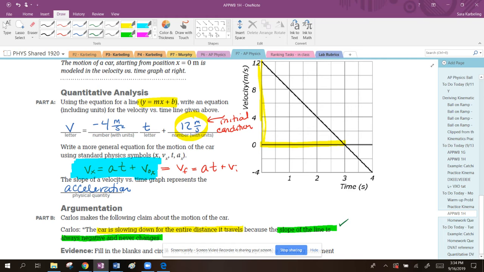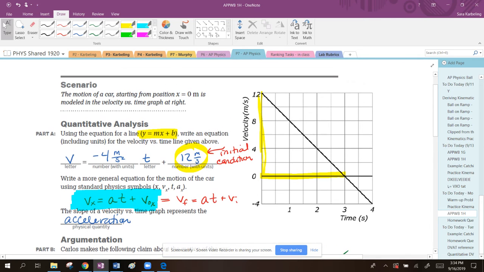Right. So we have to really interpret this graph and understand what's going on. So right up here, the car is moving with a constant positive velocity, right? It's going fast. And then as time goes on, what's happening to its speed? It's slowing down, right? So this is like you're driving, you put the brake on, and now you're slowing down.